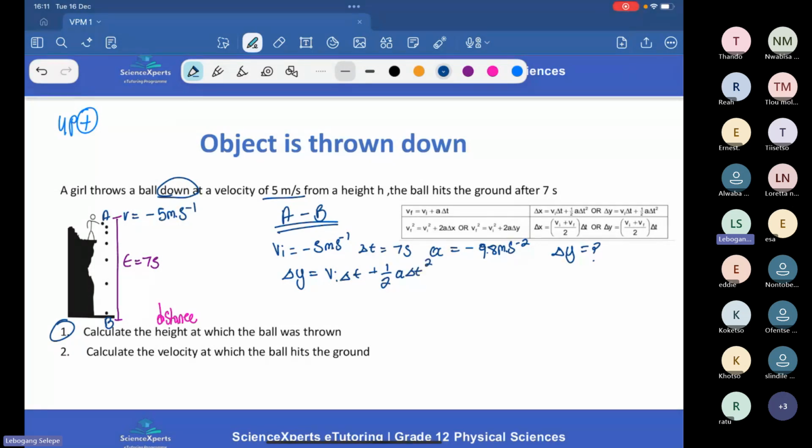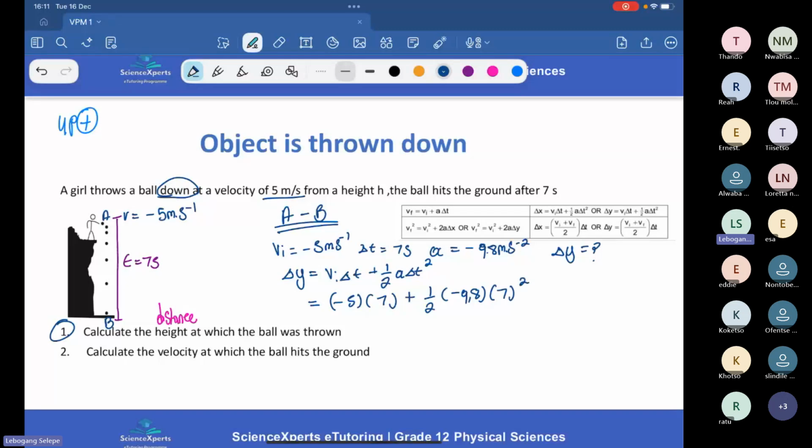So change in y would then be -5 times the time, which is 7 seconds, plus half, acceleration -9,8, times the time, which is still 7 seconds, squared.